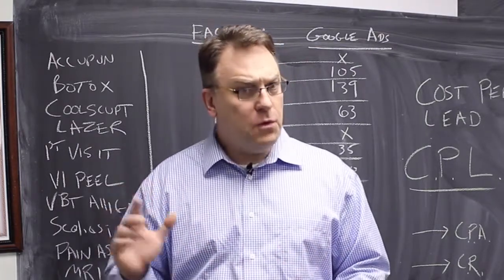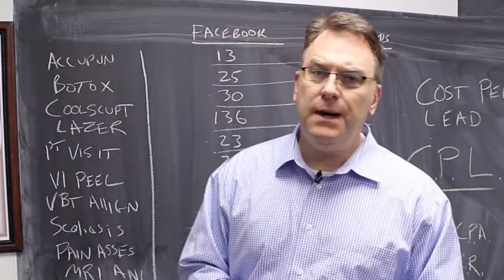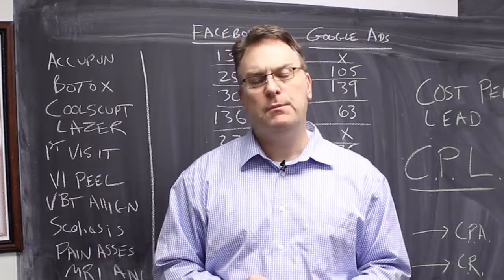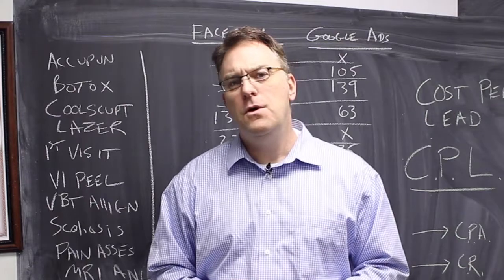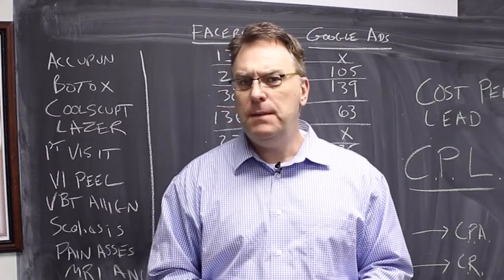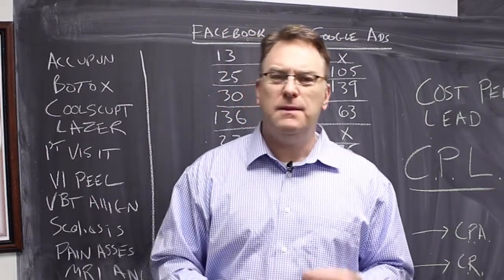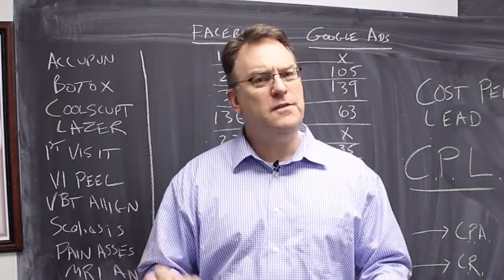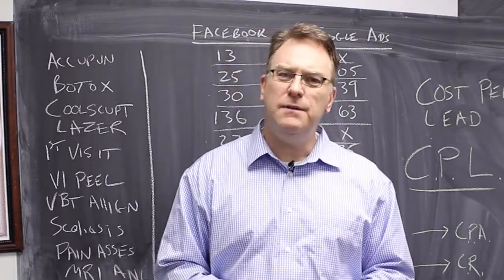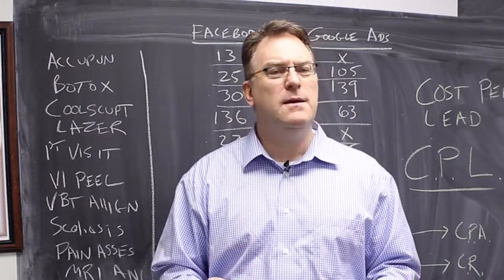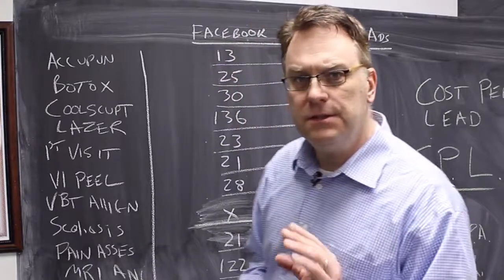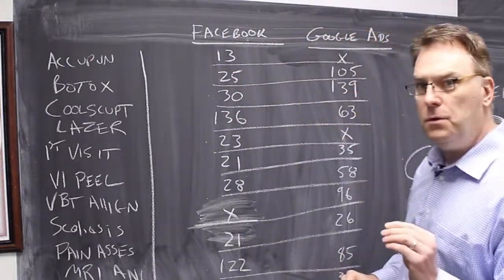What I want you to think about is what you're getting out of your spend, especially in Facebook and Google. A lot of people just put money in, get the phone ringing, and assume that if it's busy, everything's working, but that doesn't solve the problem of figuring out what you're getting out of it. That is what we're going to talk about today.